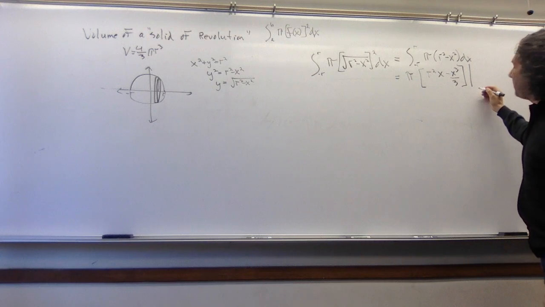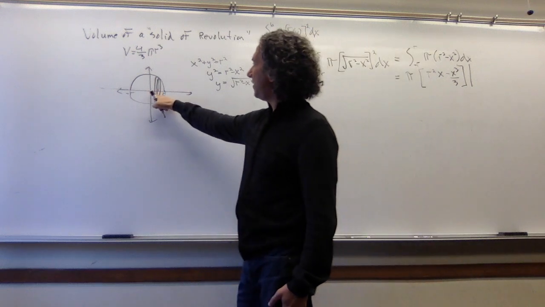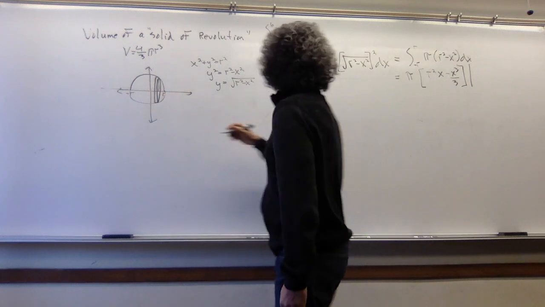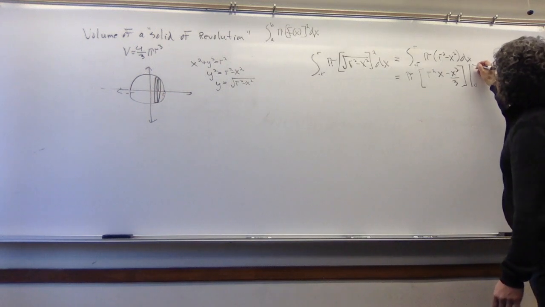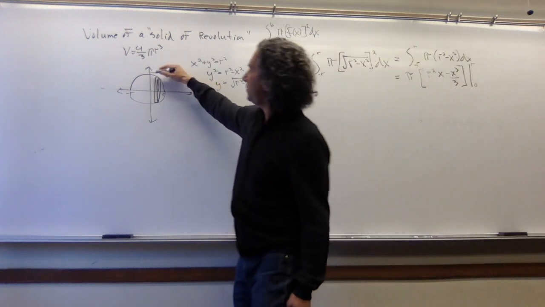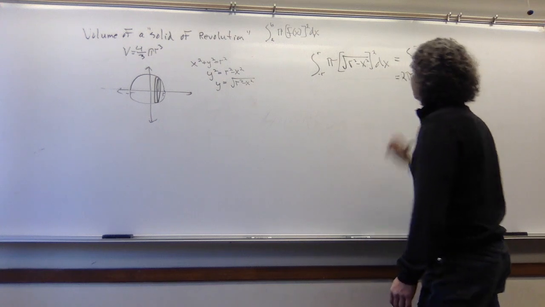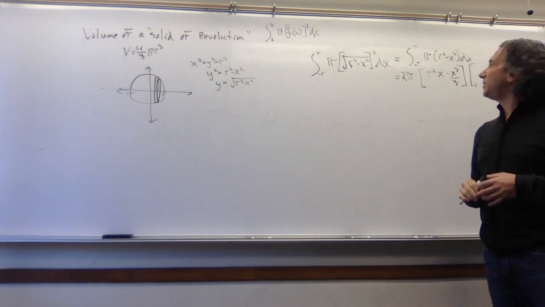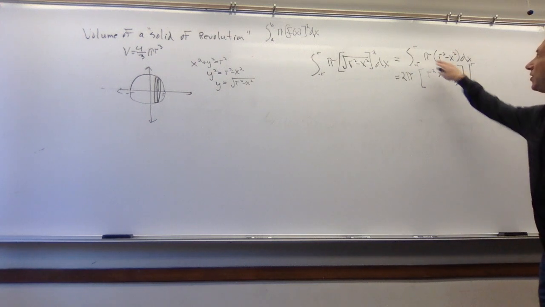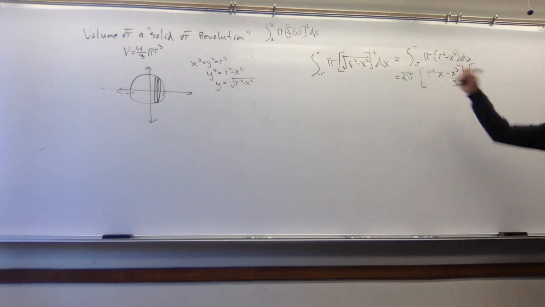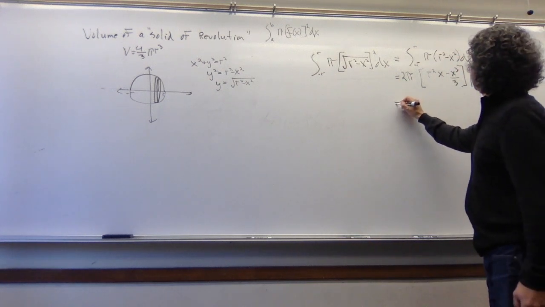But actually, I'm going to make life easier for myself. I'm going to integrate from 0 to r. From 0 to r, so I'll do it for this half, and then just double the answer. So I'm using the symmetry of the picture just to make my integral easier, so I don't have to plug in a negative r. Okay, so let's plug in our values.